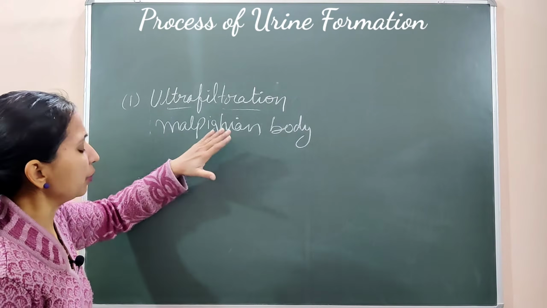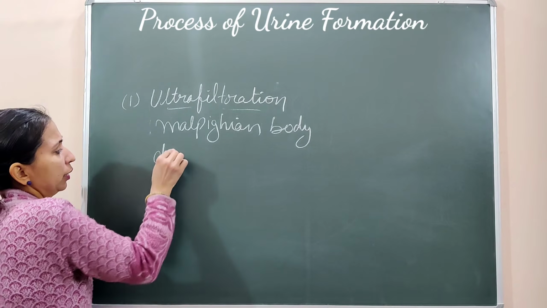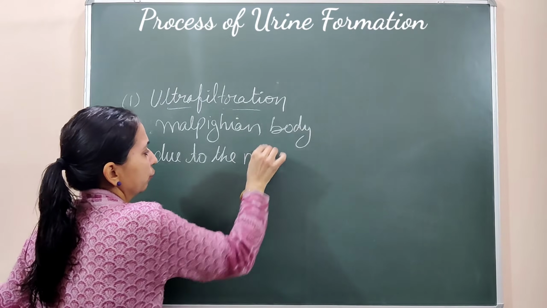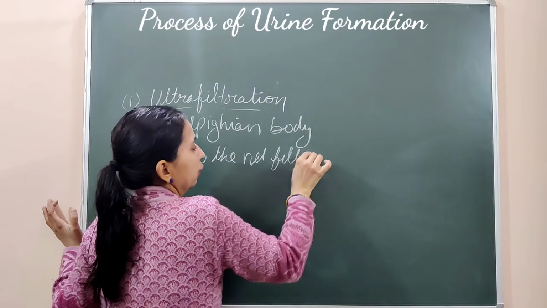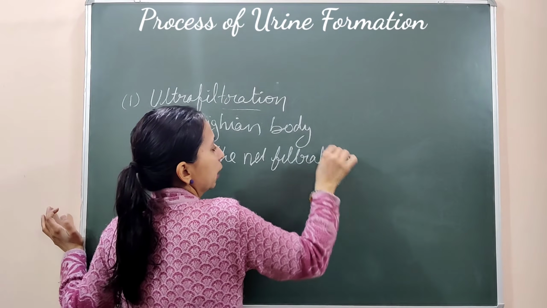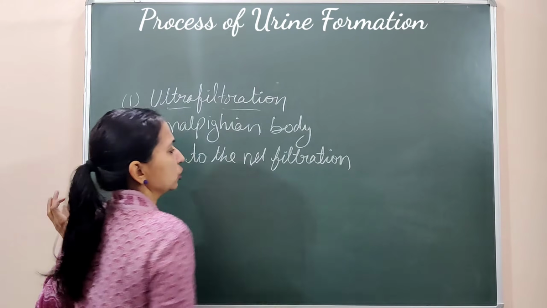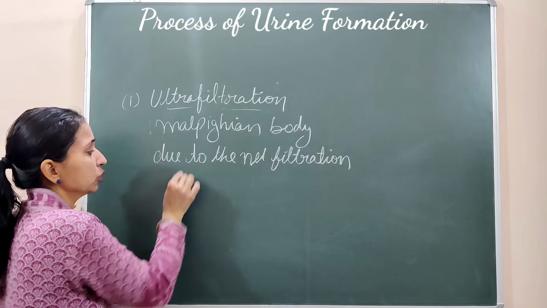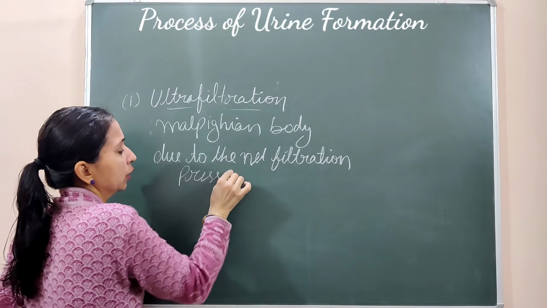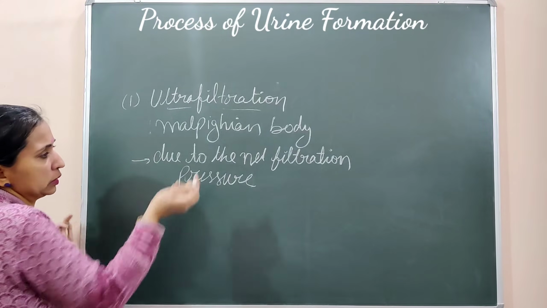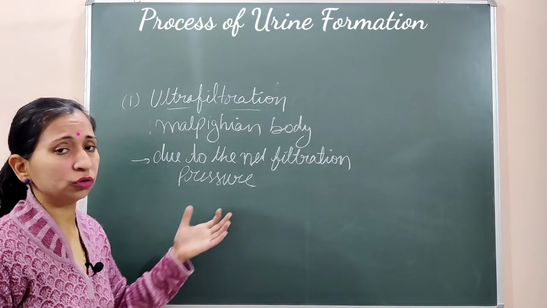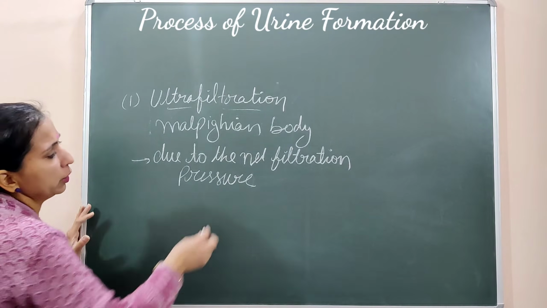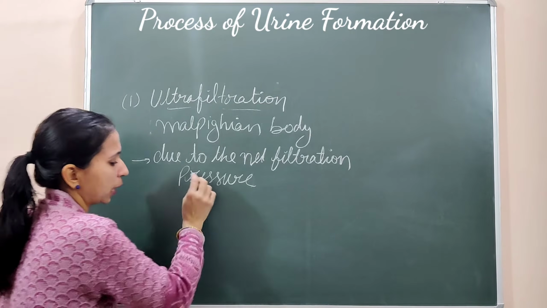It happens due to the net filtration pressure. एक फिल्ट्रेशन प्रेशर लगेगा और उसके अगेंस्ट भी कुछ फिल्ट्रेशन प्रेशर, but overall the net filtration pressure will be responsible for the filtration of the products which get excreted, or which can come out from the blood. So net filtration pressure will be applied here.